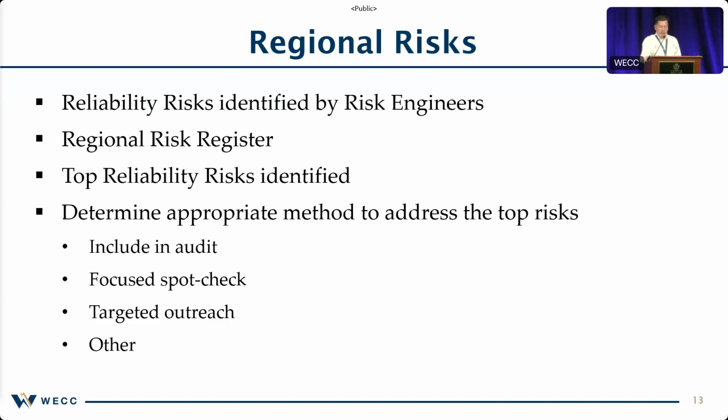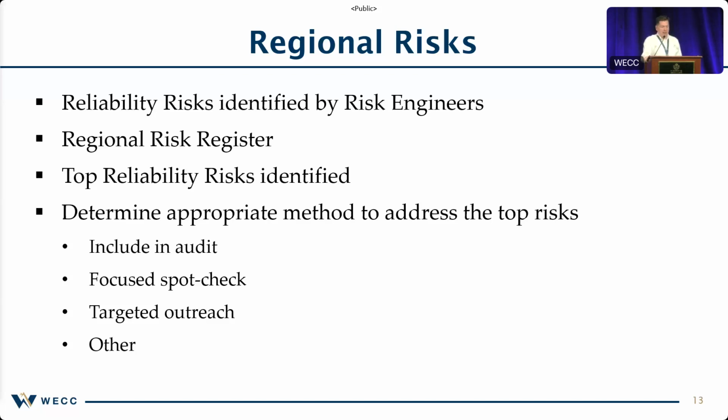So in collaboration, the oversight planning team, entity monitoring, enforcement, reliability planning, performance analysis, registration certification, will take those top regional risks and develop a type of engagement to address the indicated unmitigated risk.